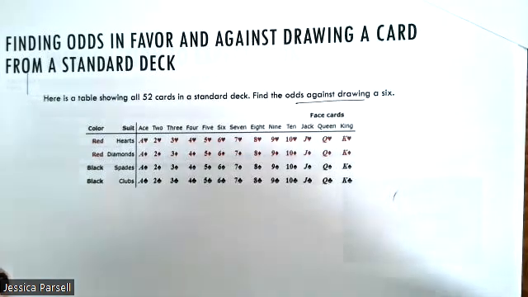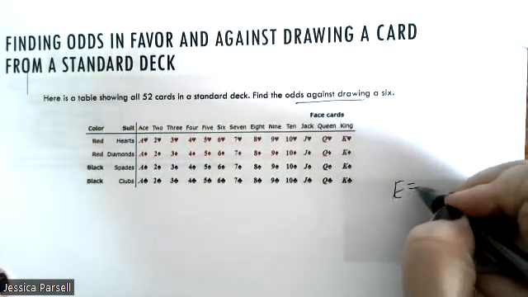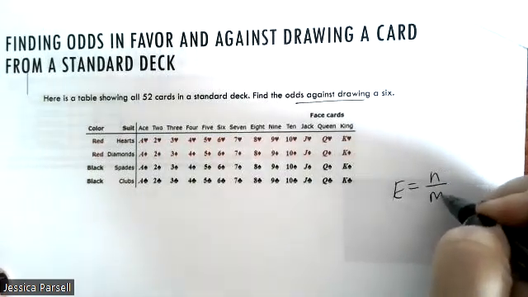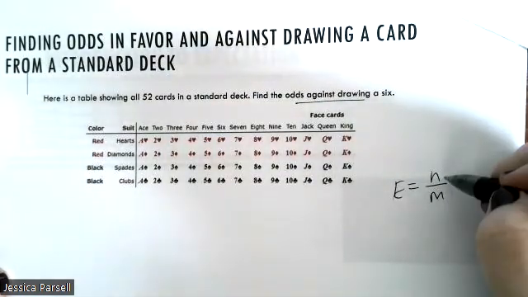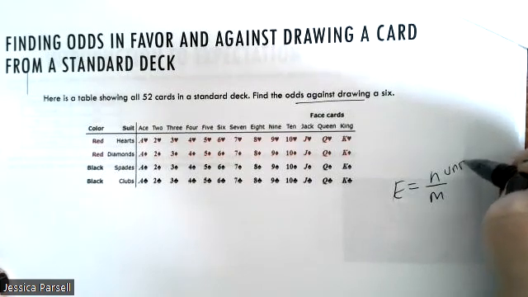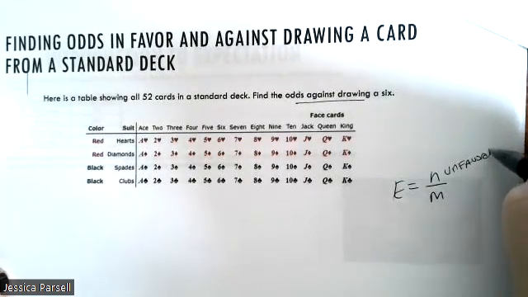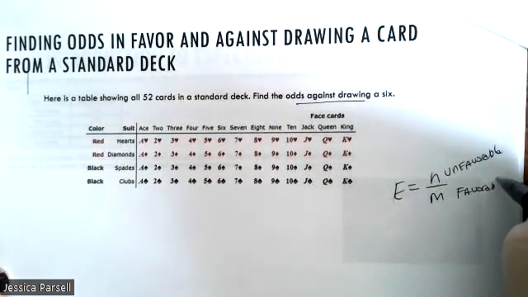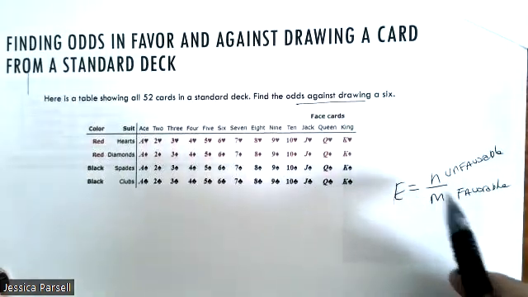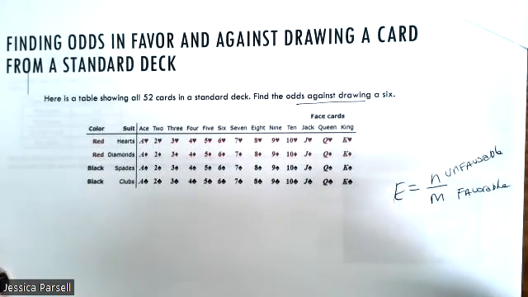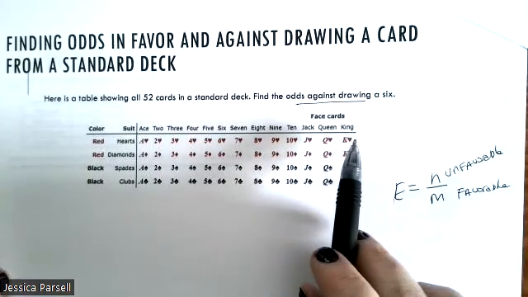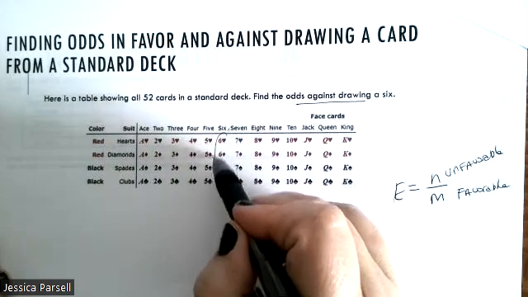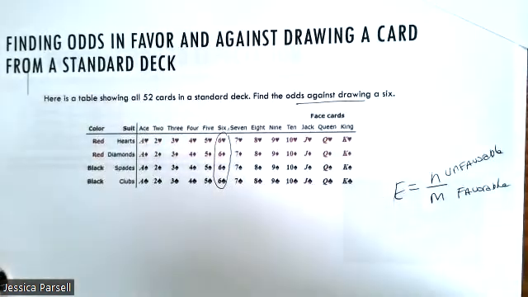Okay, if you're back, odds against is always n over m. Okay, remember n is the unfavorable, m is the favorable. You know, what you want to happen and what you don't want to happen. Okay, 6. How many 6s are in here? Well, I see these right here.